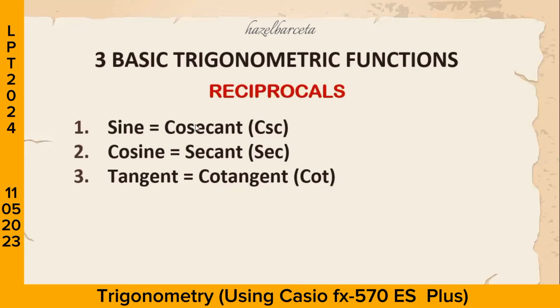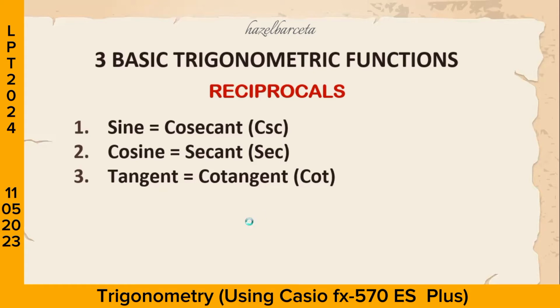At turo po ng aming mentor na si Sir Kevin Pura para hindi po natin maipagpalit. So, si cosecant, the third letter is S, which belongs to sine. Kay secant, the third letter is C, which belongs to cosine. And cotangent, third letter is T, which belongs to tangent. O, diba? May label po sila. Mas maganda ang may label para hindi po nagkakapalit-palit.